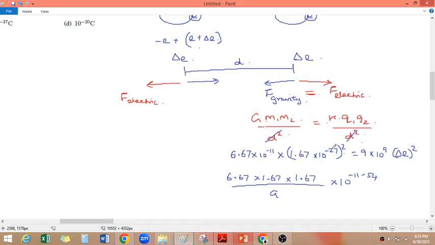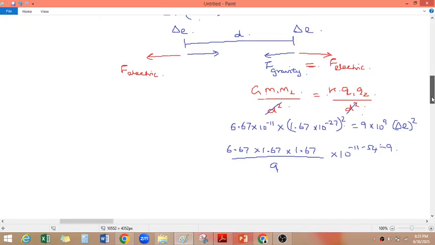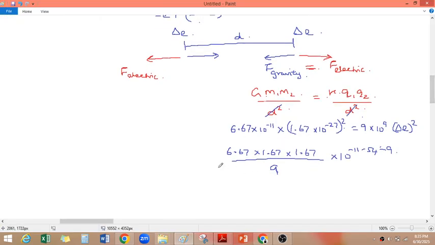This 9, when it comes to the other side, will become minus 9. So simplify this. Ten to the power minus 74. How much are you getting here?